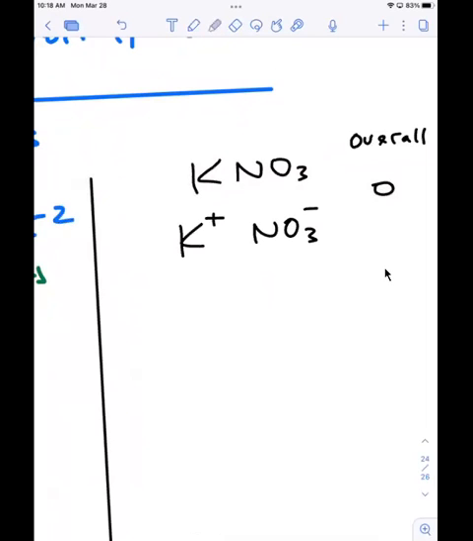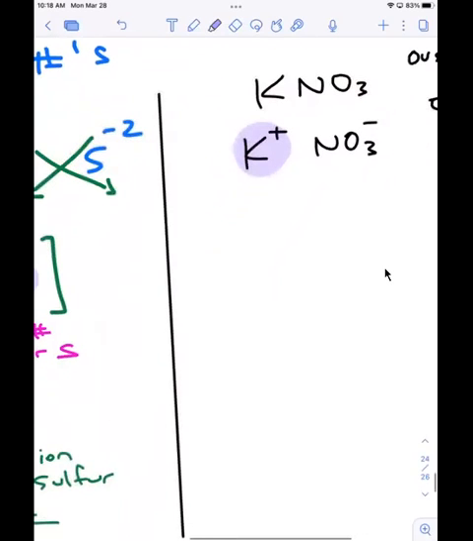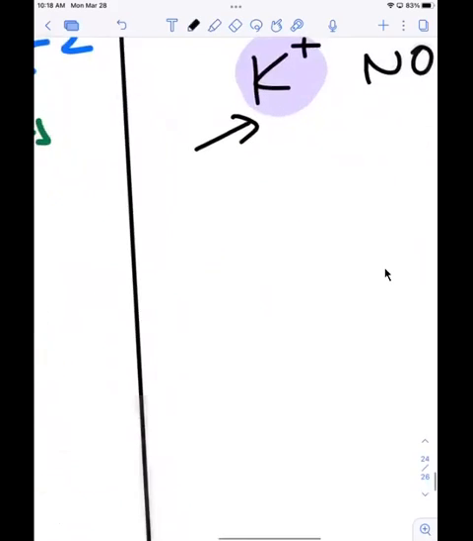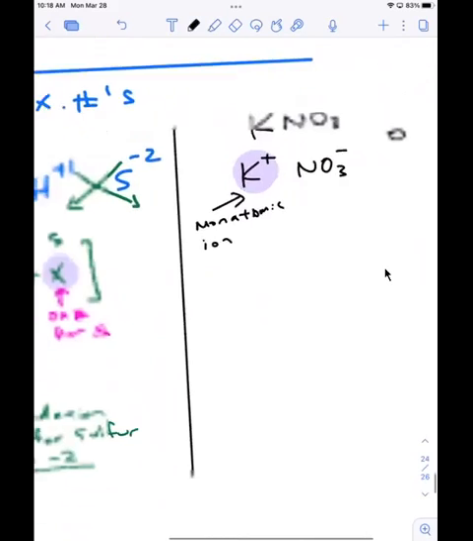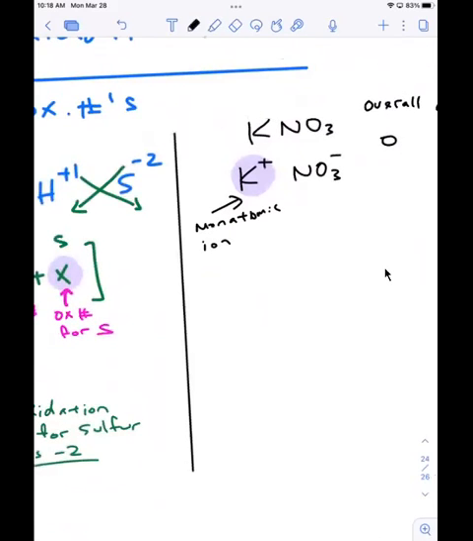So K plus falls into the rule about a monatomic ion, right? But because it's in the salt, we have to keep it all together. We could solve NO3 on its own, but we're going to do it this way.